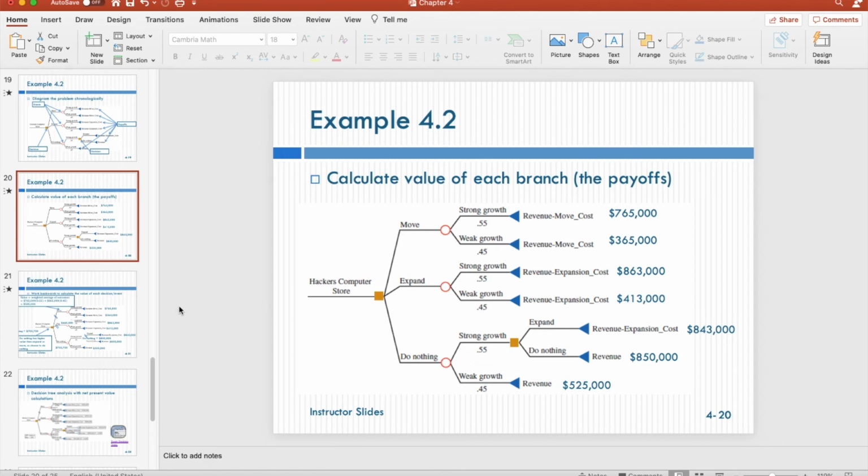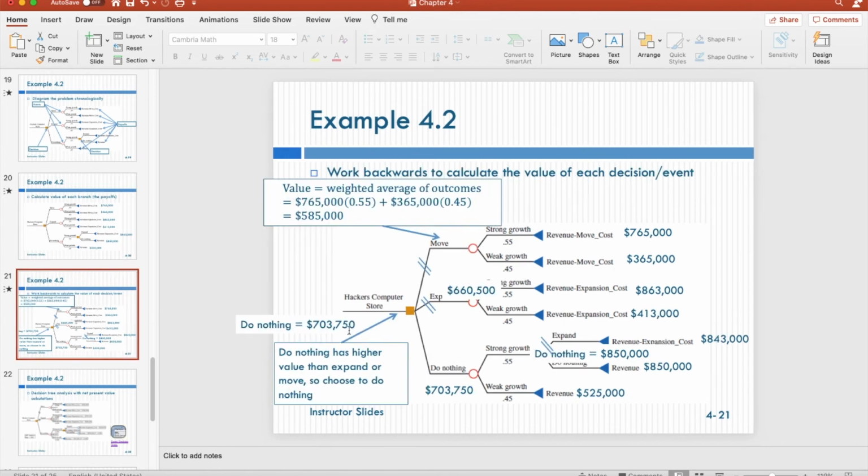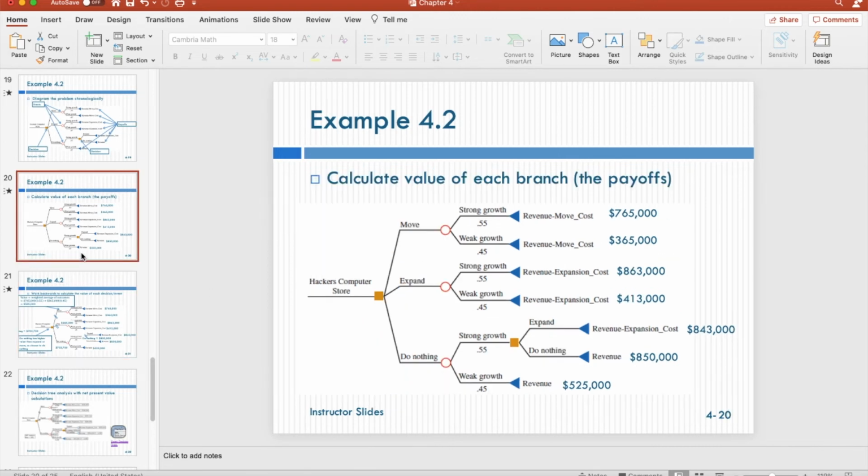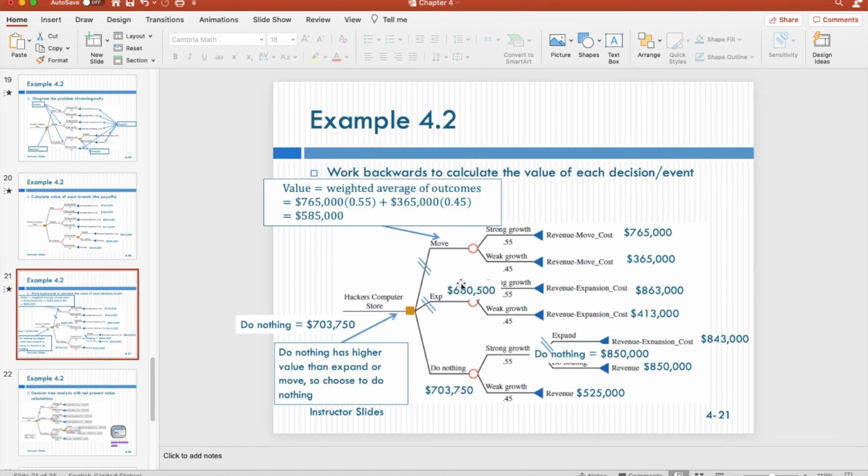That's it. I directly showed this number and didn't show you the procedure, but as I said, you use this amount times 55% plus this amount times 45%. You will get the corresponding number, which is 660,500. So these are the two expected profits.